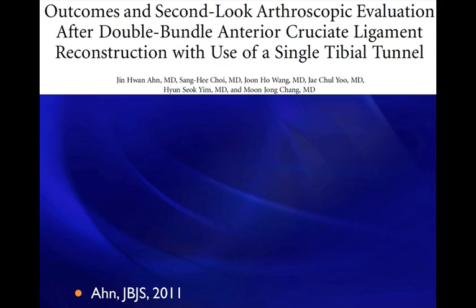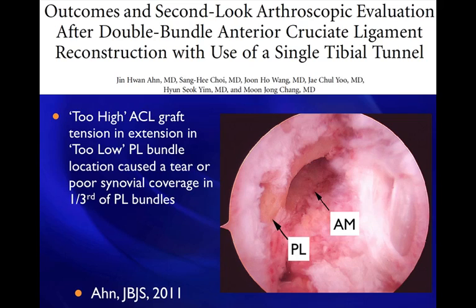And this was shown by Chang in JBJS in 2011 when they looked at the outcomes and second look arthroscopic evaluation after double bundle ACL reconstruction with the use of a single tibial tunnel, so 2 femoral tunnels and a single tibial tunnel. And what they showed is that the too high ACL graft tension in extension in the too low PL bundle location caused a tear or poor synovial coverage in a third of the PL bundles.